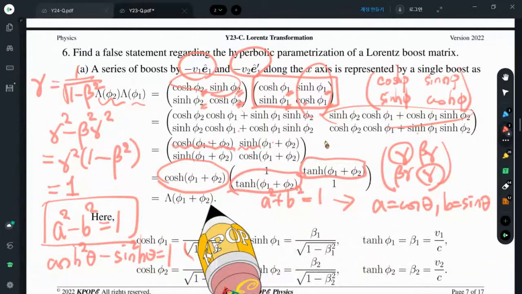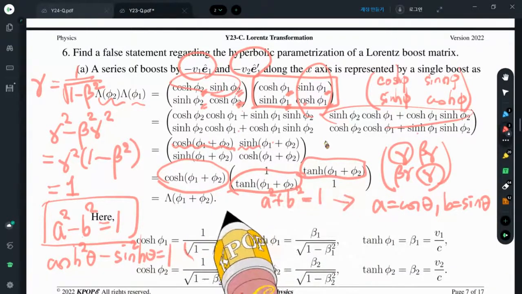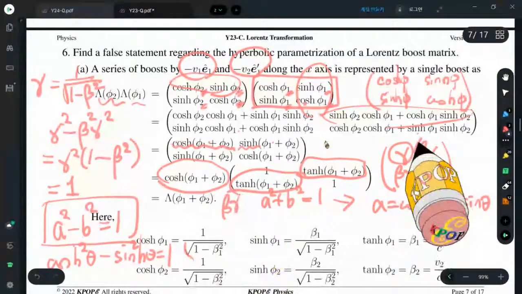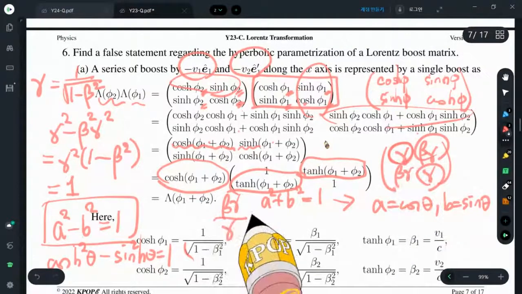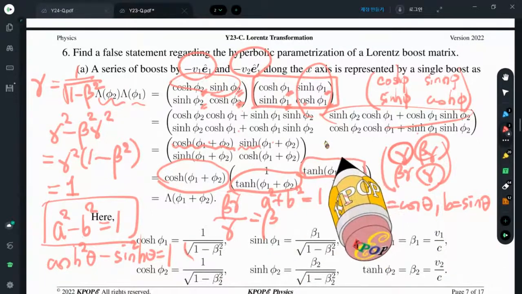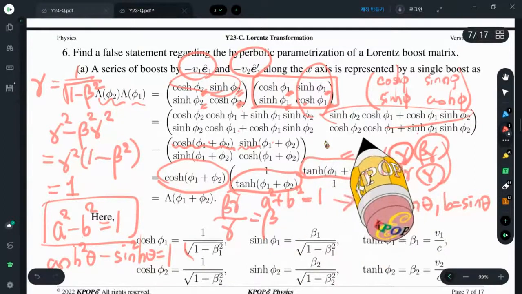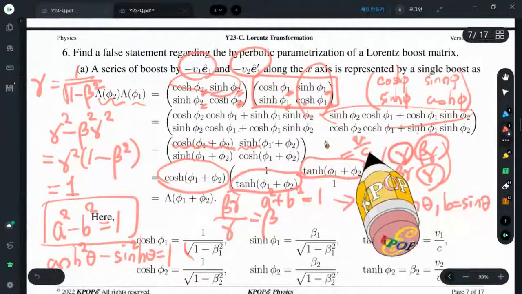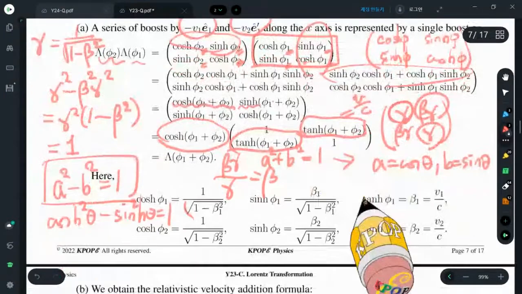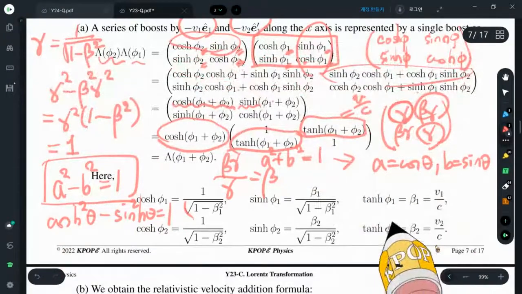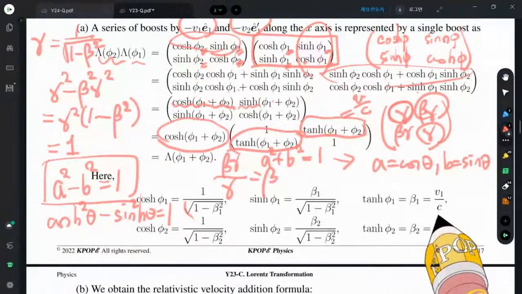What is tangent hyperbolic? It is just beta gamma divided by gamma. That is beta. Aha. Tangent hyperbolic is just like v over c.